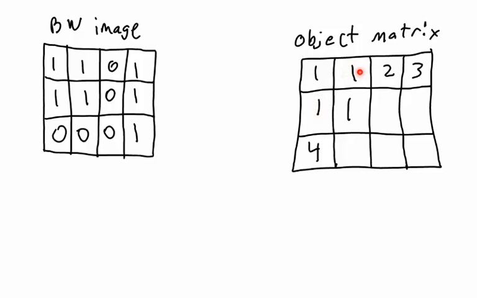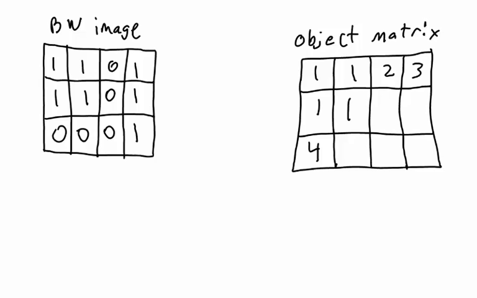We can leave the value 1 where it is. The third rule says that if the BW value here is the same as the BW value here, then the object matrix value should be the same, and they are. So we've satisfied all three rules. We can leave the value 1 in this pixel.